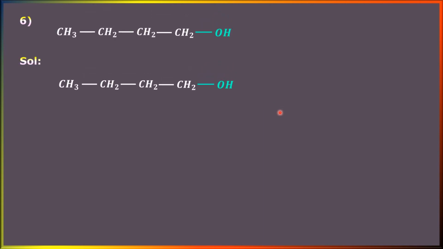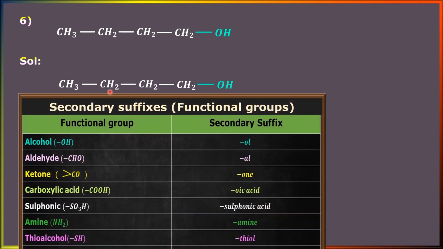Next, problem number 6. Solution. In this example, alcohol functional group is there. Now we have to number the carbon chain in such a way that the carbon atom linking to the functional group should get the lowest number.